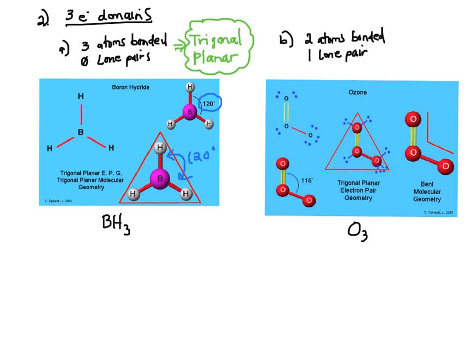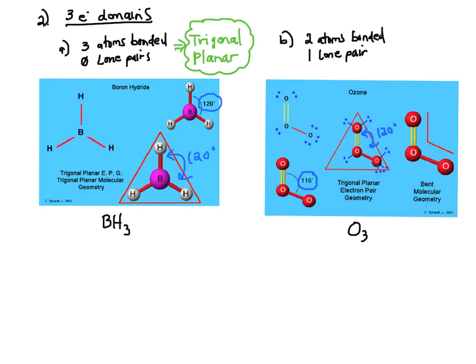So over here, same thing, but one of those electron domains is a lone pair. So you still get about a 120-degree bond angle. It'll be slightly less. I don't expect you to know that. I just expect you to know that it's around 120.